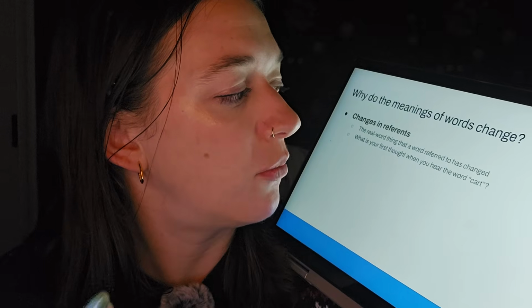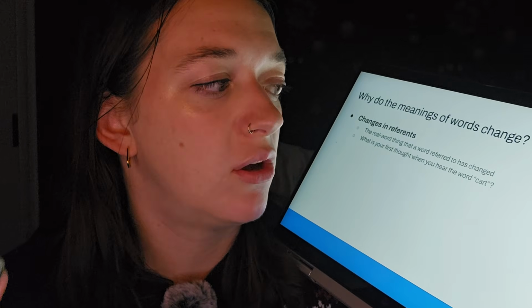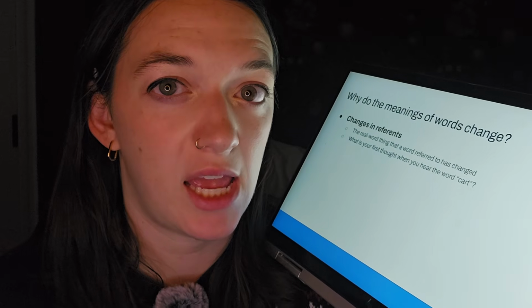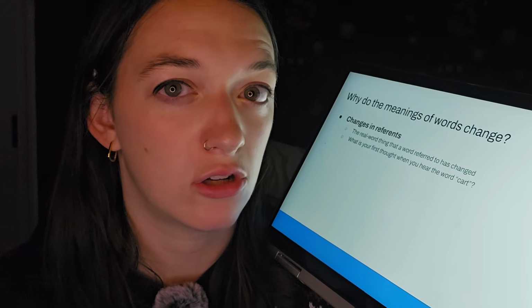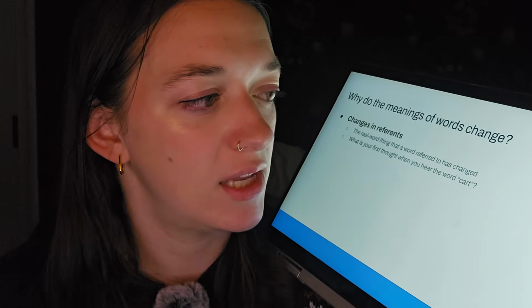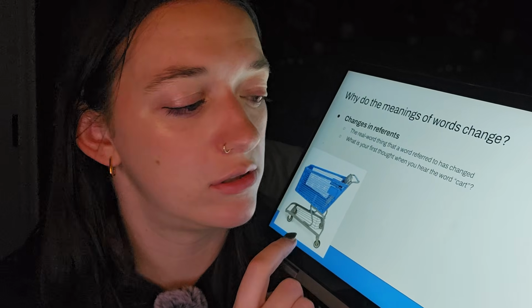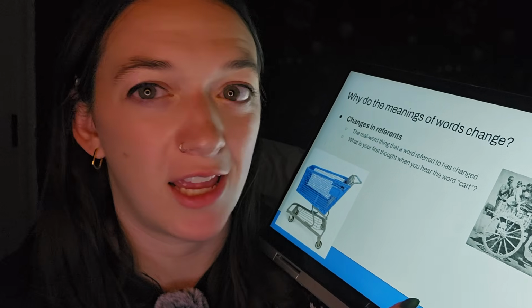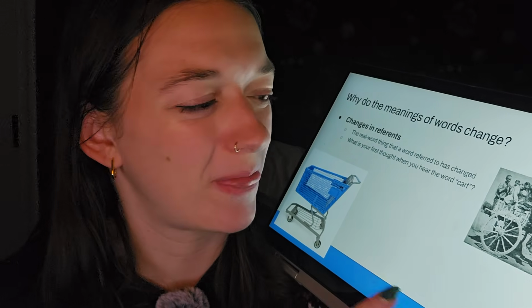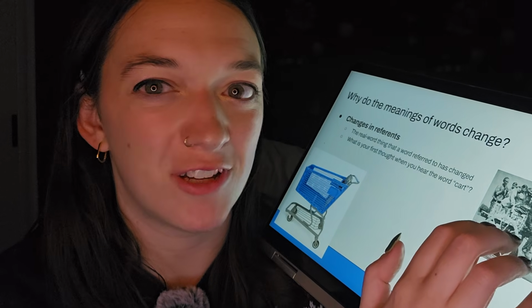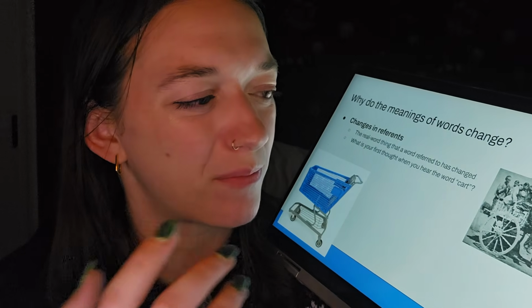For example, what is your first thought when you hear the word cart? C-A-R-T, cart. Is it a shopping cart? Is it a horse and cart? You likely see one of these much more frequently than you see the other.